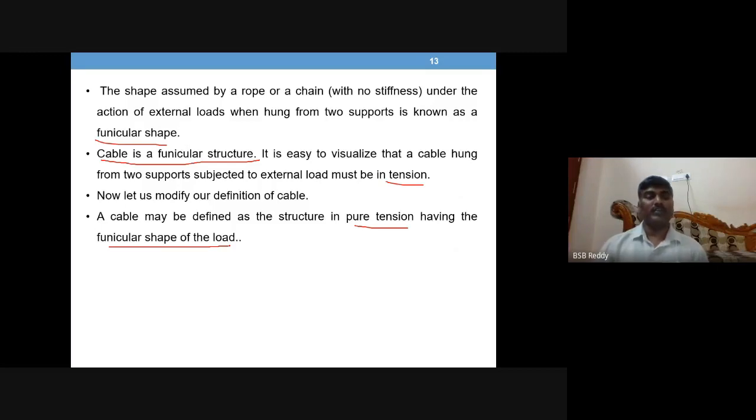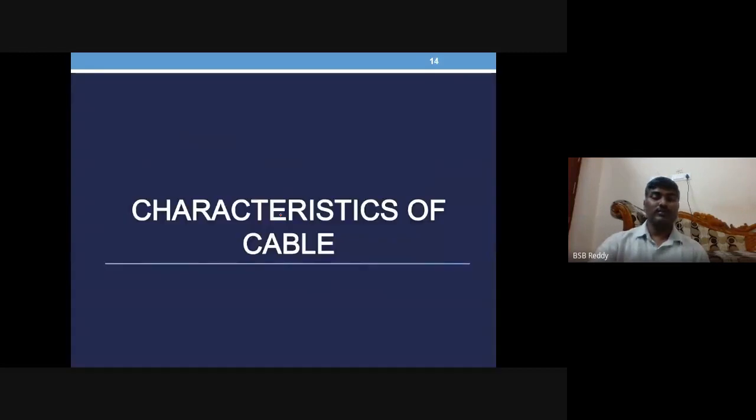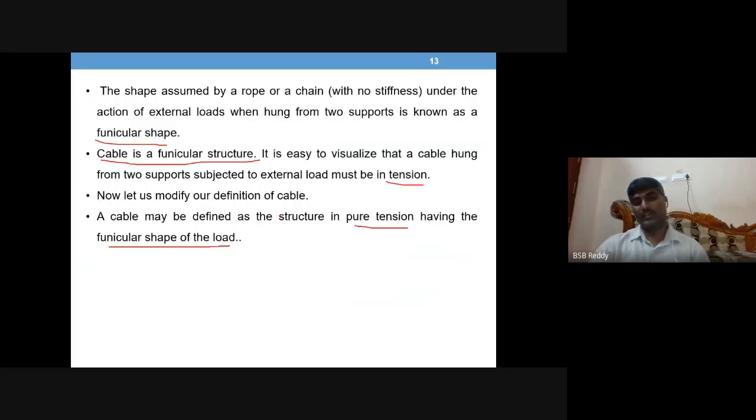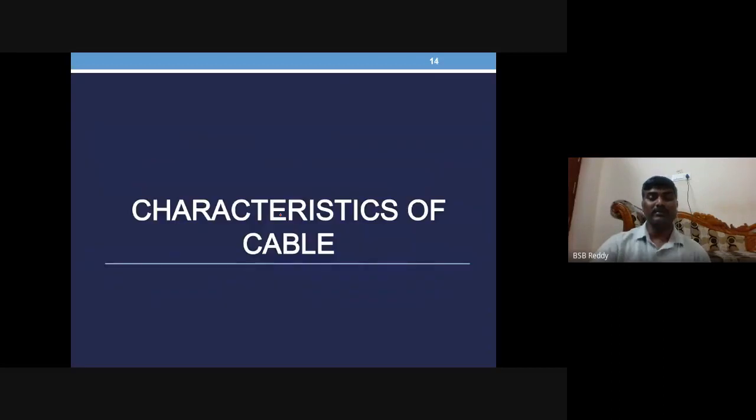So this is the introductory part. We'll come back in the next lecture with characteristics of cable and cable theorem, etc. In this session, what we have talked about is the importance of cable structures, where the utility of the cable lies, and what it is meant for.